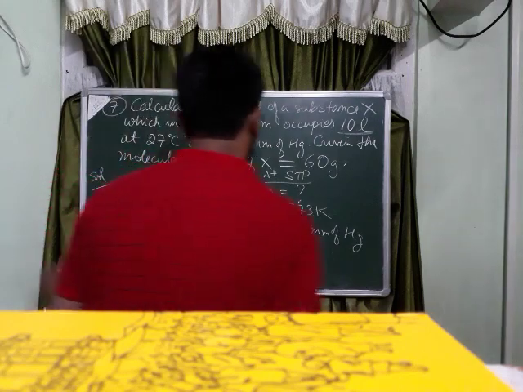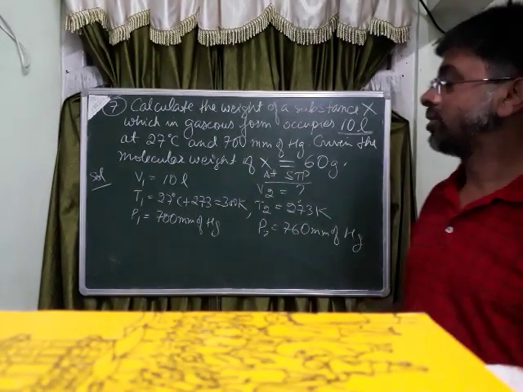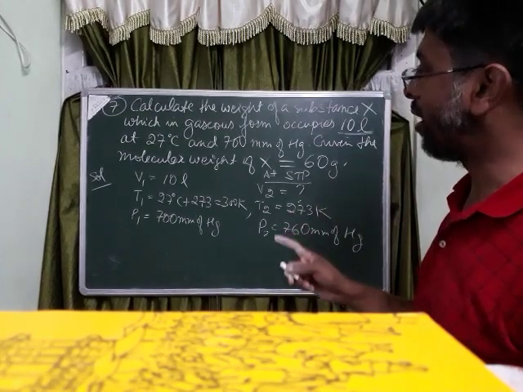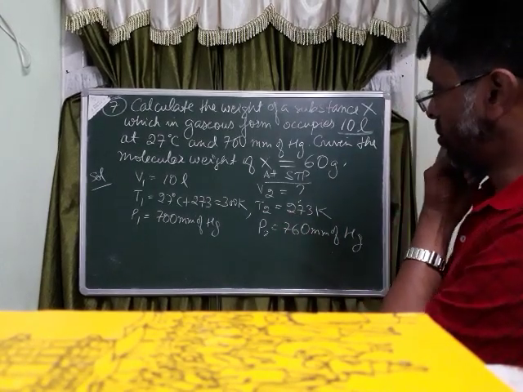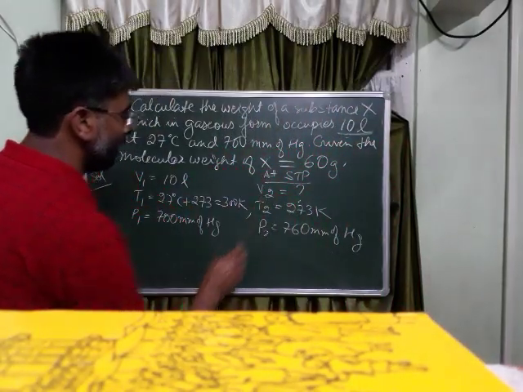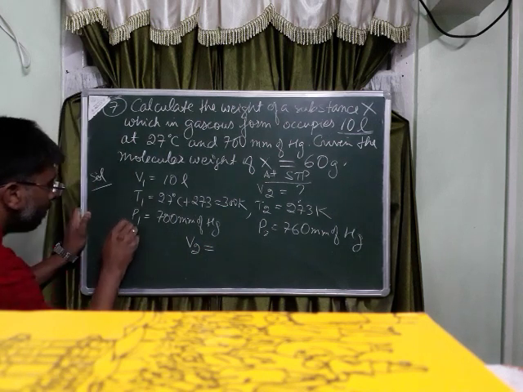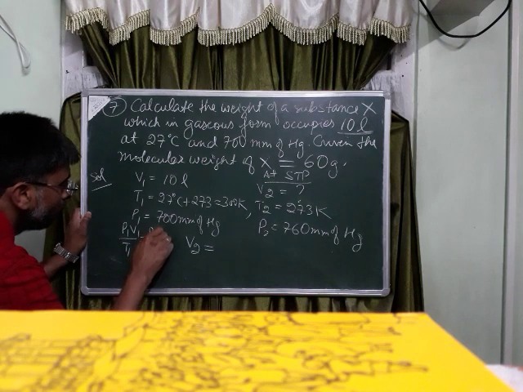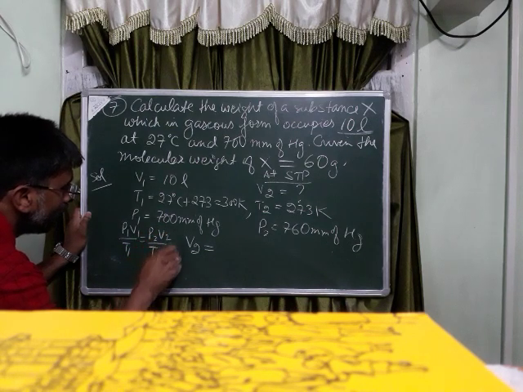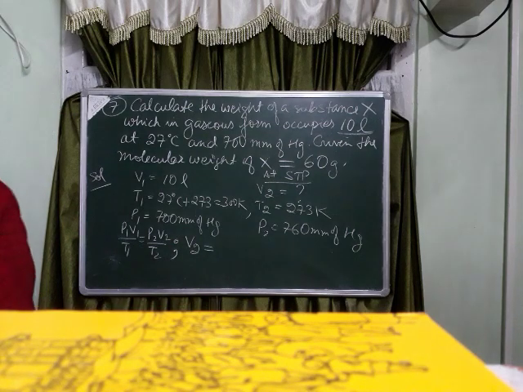Now from this data and this data, by using the gas equation, P1 V1 by T1 is equal to P2 V2 by T2, it is possible for us to find the value of V2, that is the final volume.